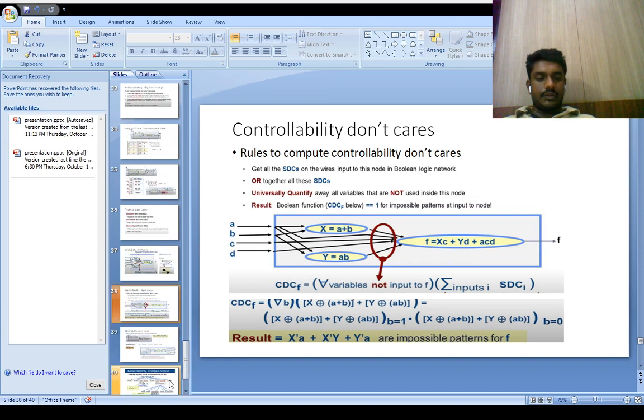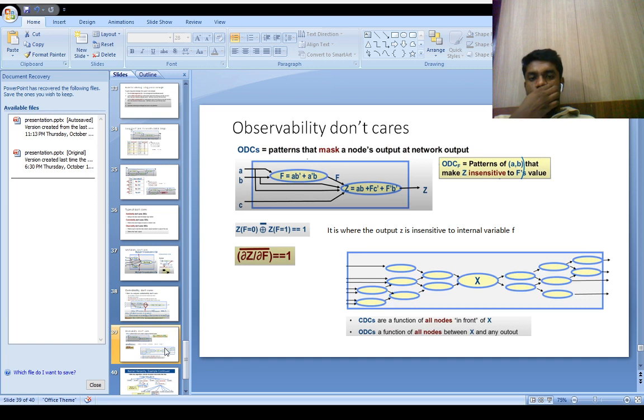The final one we are going to discuss is observability don't cares: patterns that mask a node's output at the network's output. This is the function we have given here. Let us take the patterns a, b and c. A, b makes z insensitive to f's value. With the help of a, b we can make f unrelated to z; only a, b is enough.